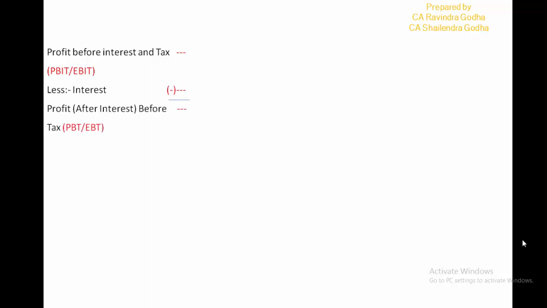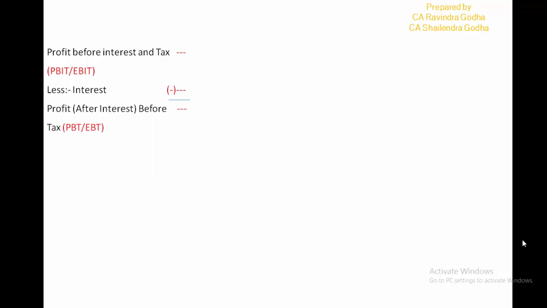In this slide, I am explaining how a company deducts interest and tax. Profit before interest and tax is given, PBIT or EBIT. The company deducts interest from it and gets profit before tax.